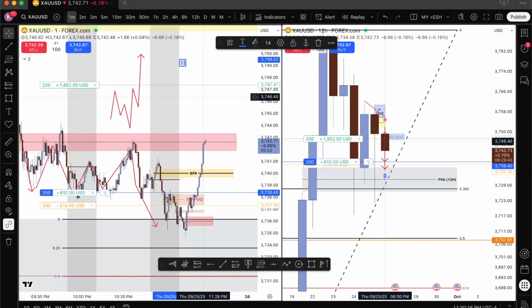First thing I look for, one, draw liquidity. I can't spell right now, but you know what I'm saying. The second thing I look for is any kind of market structure shift, breaker structure, SMT.